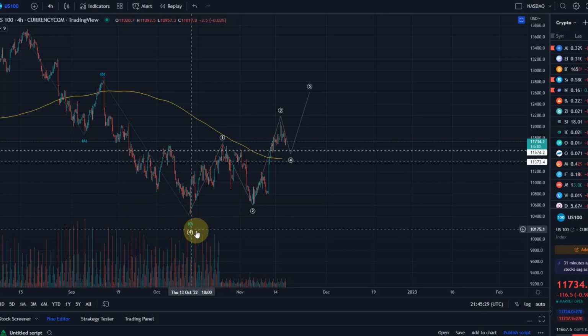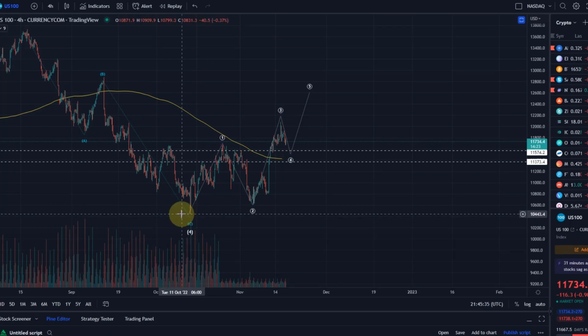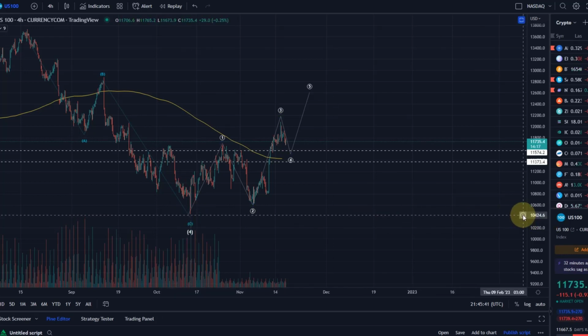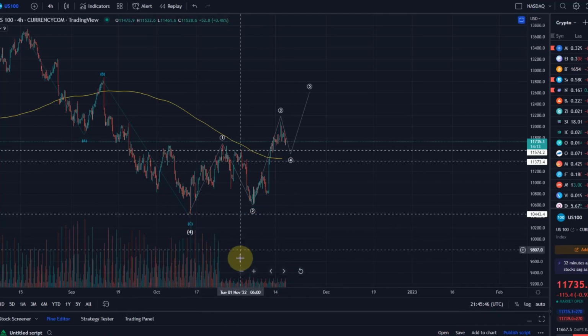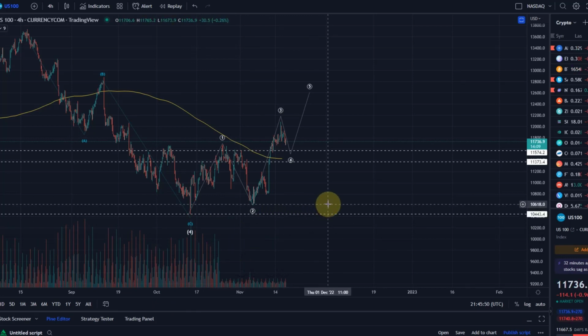At the moment, we can carefully assume again that a low has been made here at around 10,440 US dollars. That is certainly a key breakthrough point, a key support level. If we lose this level, obviously not really good.